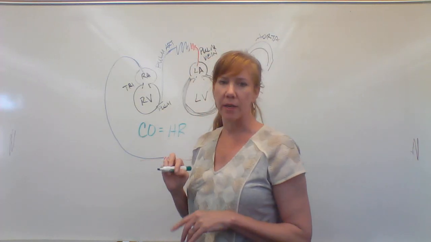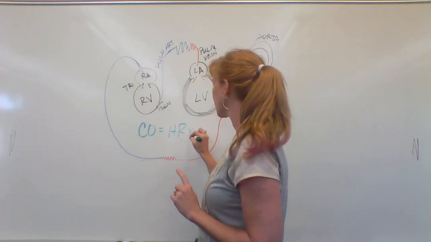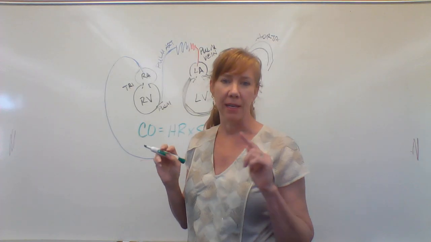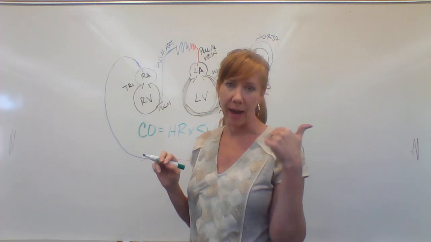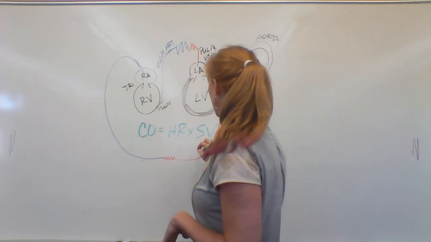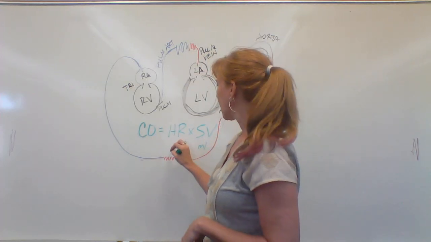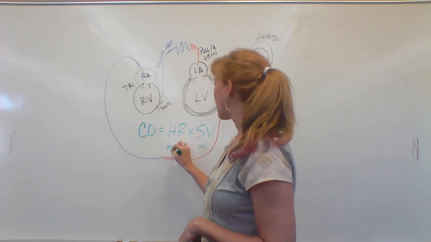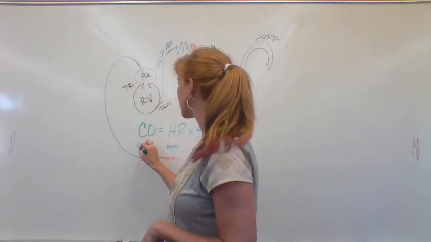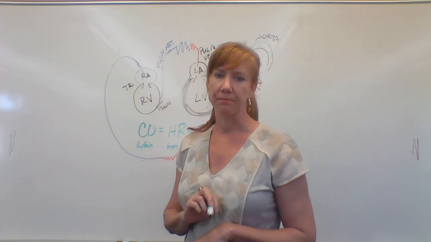So how many squeezes do you have each minute times your stroke volume, which is how many mLs of blood go out each time you squeeze. That makes sense. So this will be how many mLs come out with each squeeze. How many squeezes do you have per minute? And that should equal how many liters per minute of blood is circulating around your body.